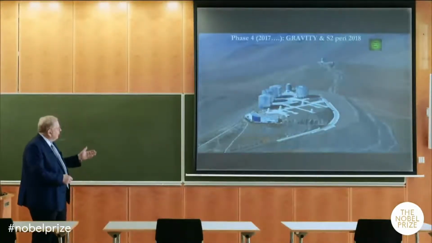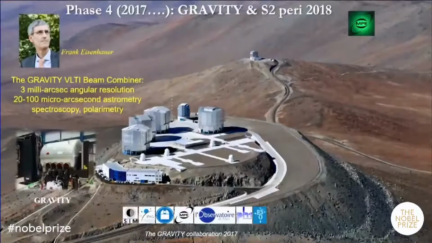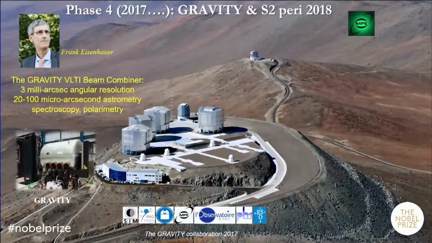So we built this instrument we call GRAVITY, which brings the light together from all the telescopes. It's underneath here. You have to make all kinds of corrections, etc., which are all in tunnels underneath this device, and it has been built by the European Southern Observatory, while we built this new instrument which had 3 milliarcsecond resolution and an astrometric precision coming close to the event horizon scale.